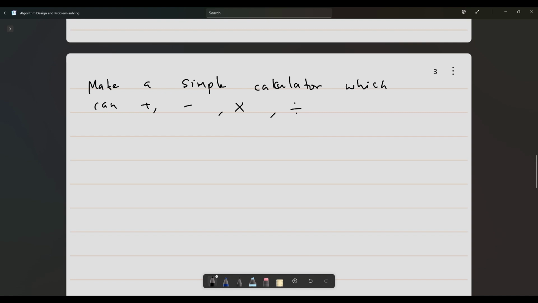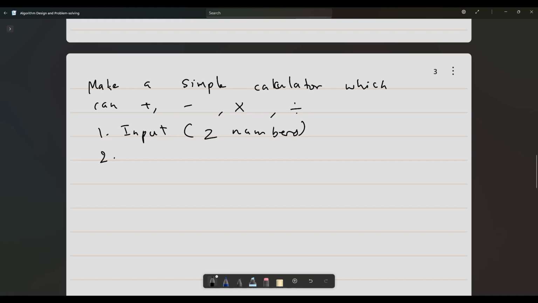So the first step you need to do is break down this problem into simpler problems. The first small part is that you need to get input. You need to get some numbers, for example just two numbers, from the user. Okay, we've broken down the input, the first part of this problem.